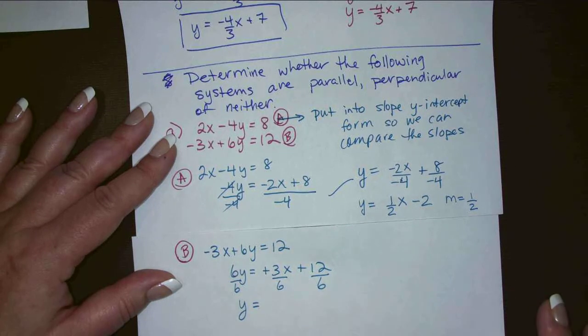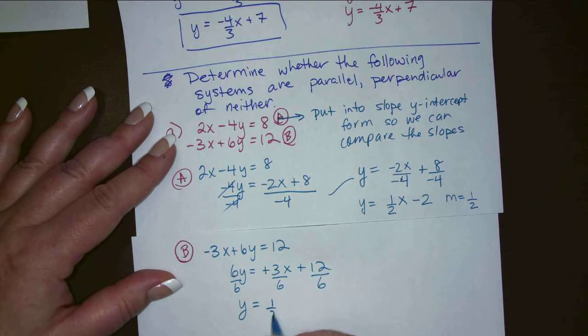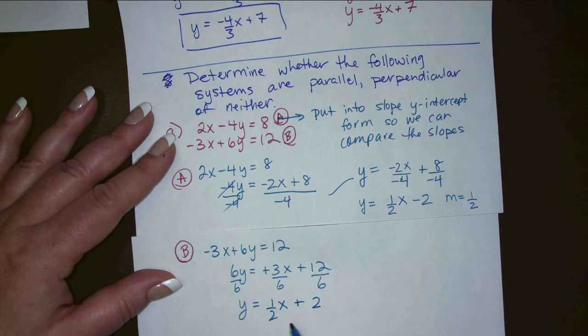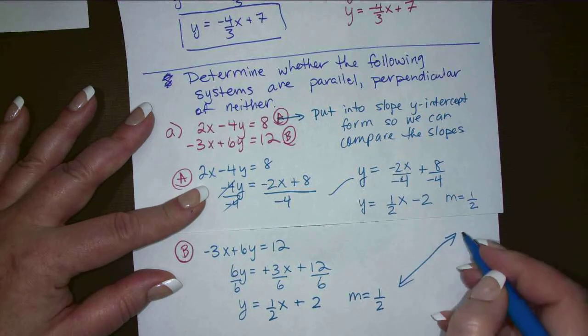So 3 over 6. 1/2. 12 over 6. 2. Are these the same line? No, this one's down 2 on the y-axis and this is up 2. But the slope here is what? 1/2. The slopes are equal.